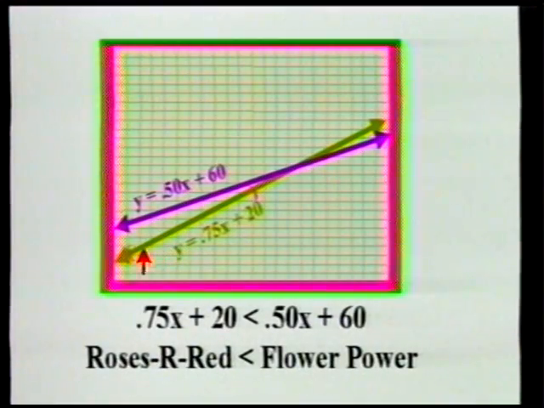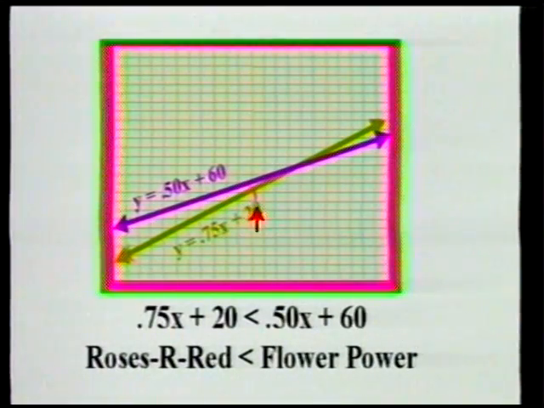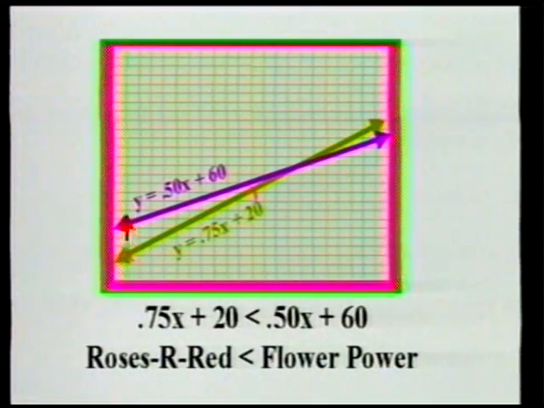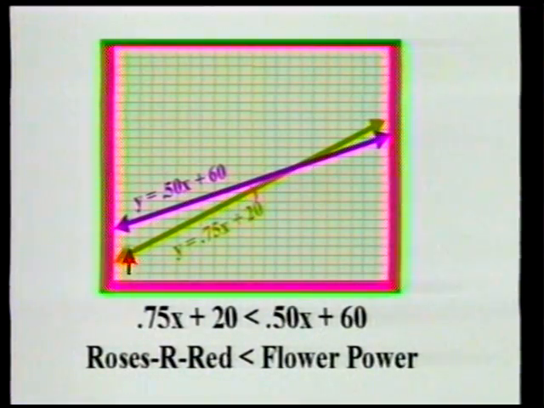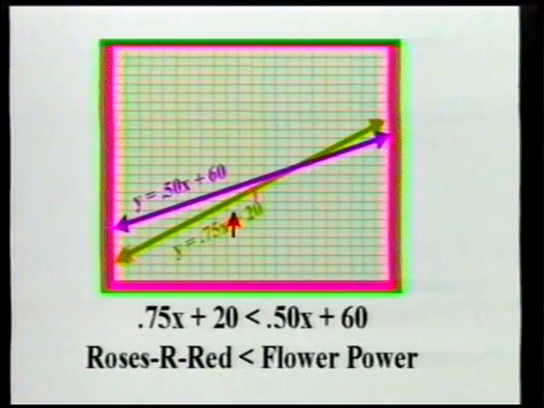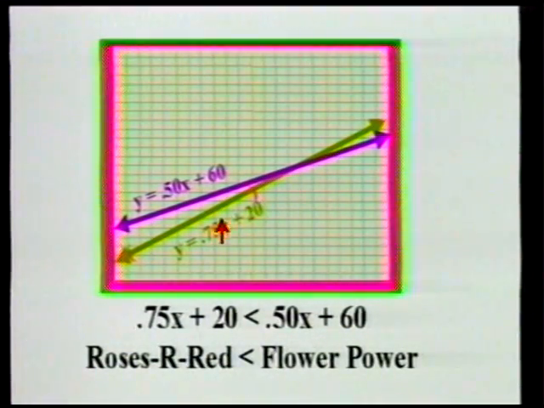The Y values for Roses Are Red in this part of the graph are a lot lower than the Y values for Flower Power, meaning that they're paying less for the number of flowers bought up to the break-even point from Roses Are Red than they are for the same number of flowers bought from Flower Power.